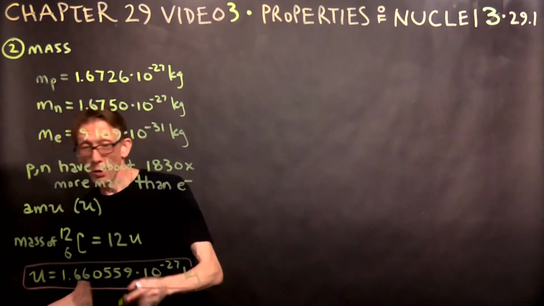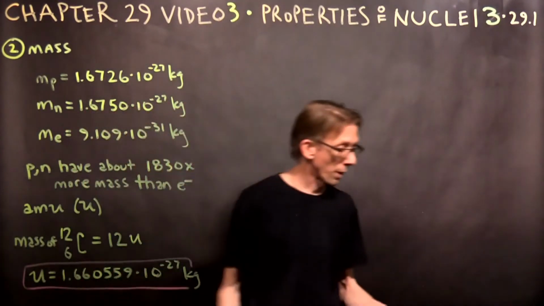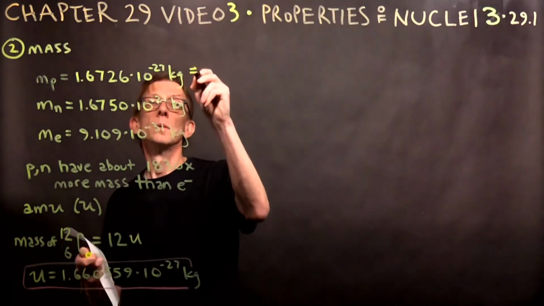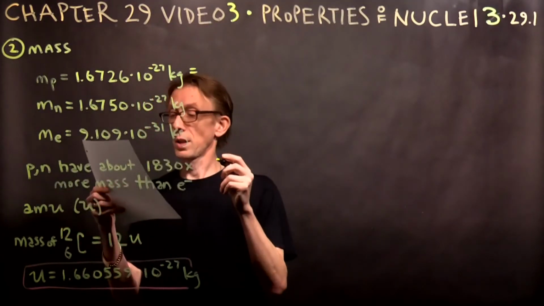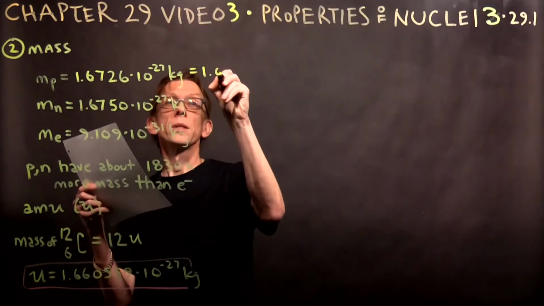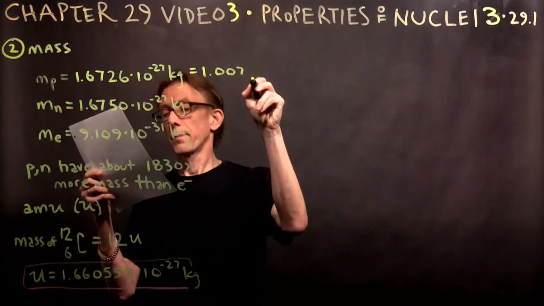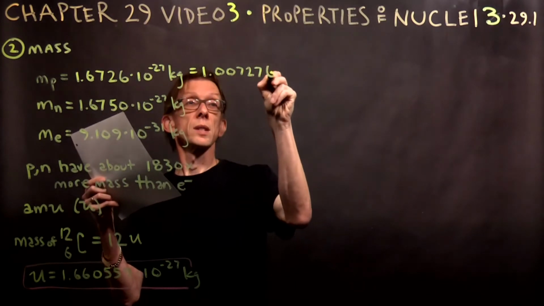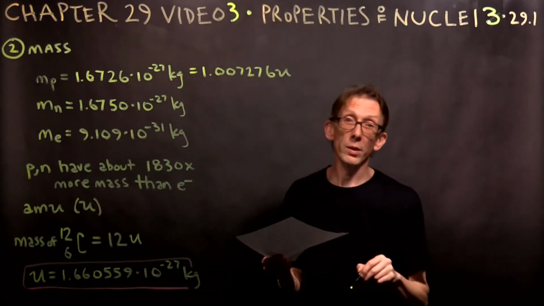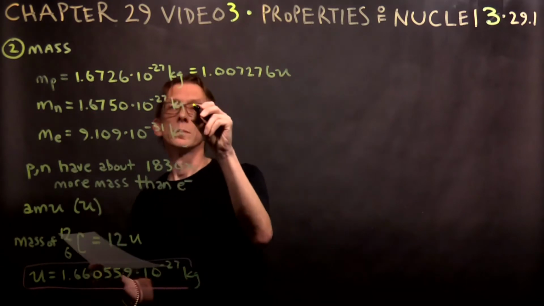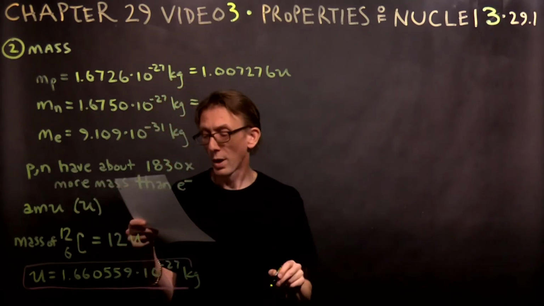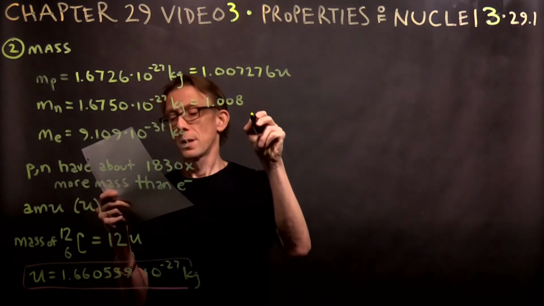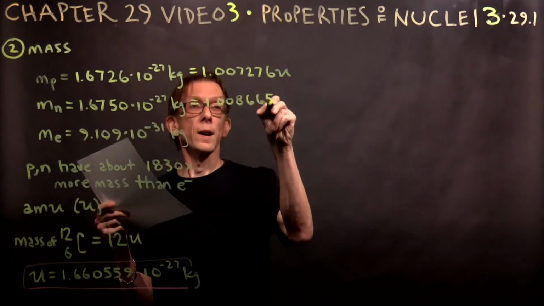Using this definition, the mass of a proton is 1.007276 atomic mass units, u. And the neutron is 1.008665 u.